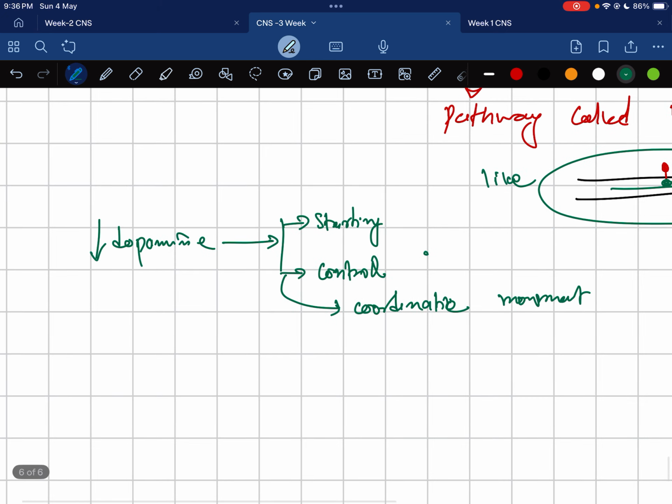Decreased dopamine leads to problems in starting the movement, controlling it, and coordinating the movement.